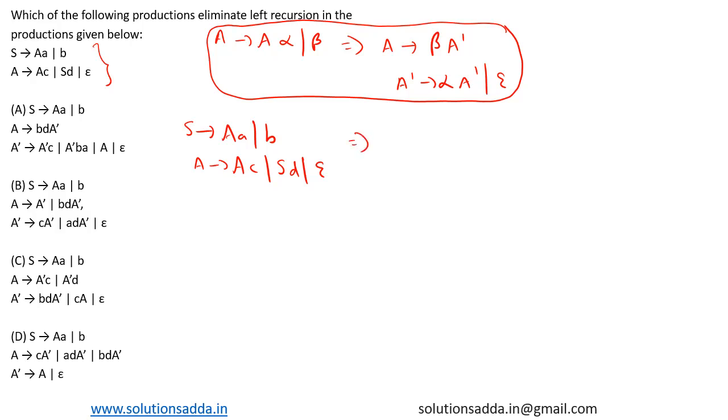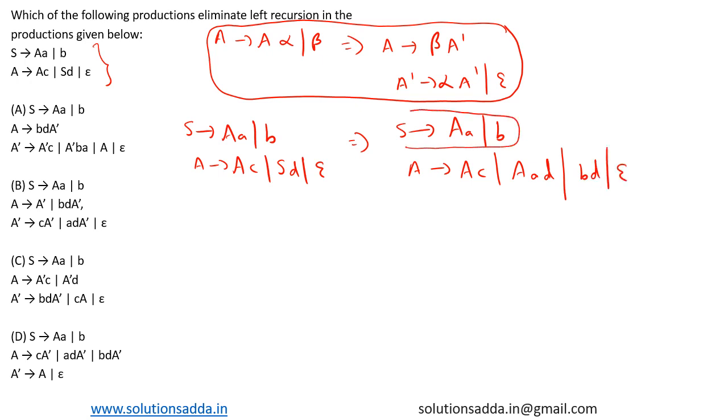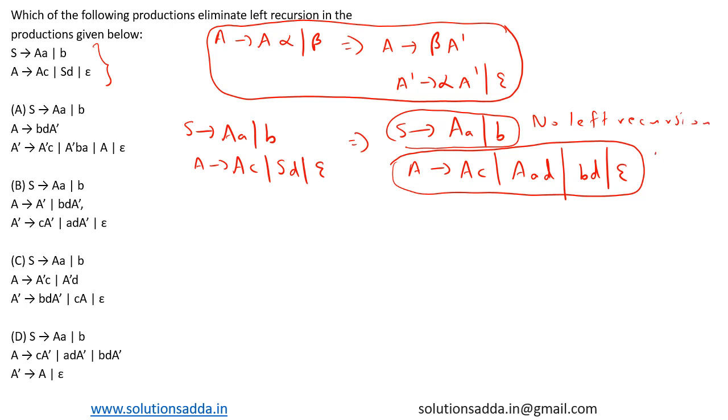Resolving this, we will get S derives AA or B, and A derives AC, or instead of S, we substitute AA or D, or BD, or epsilon. Now this grammar does not have a left recursion, whereas this production has a left recursion and this production does not have a left recursion.